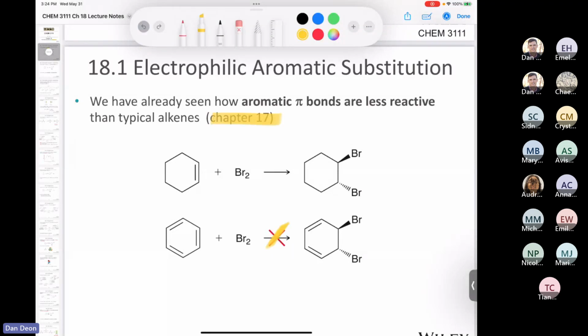But if you put a benzene ring, which is highly unreactive, in the presence of a strong enough electrophile, a very strong electrophile, it's going to react. Then the aromatic ring is going to behave as a nucleophile. That's what we're going to see in the first section on electrophilic aromatic substitution.